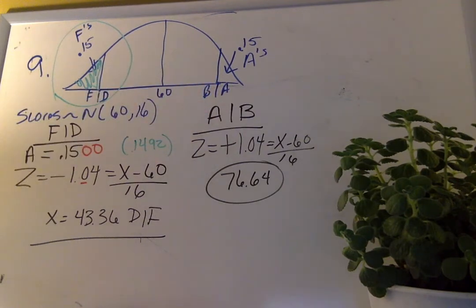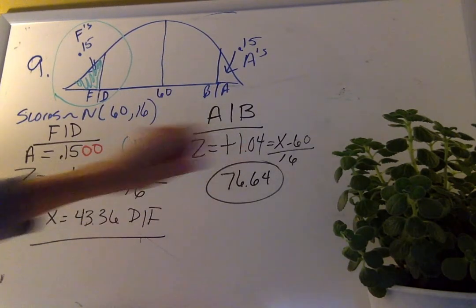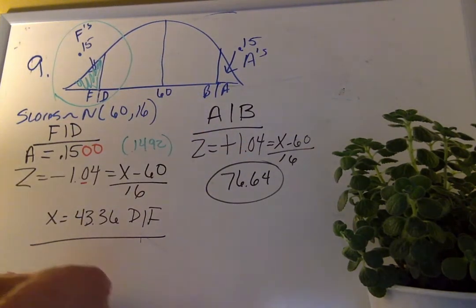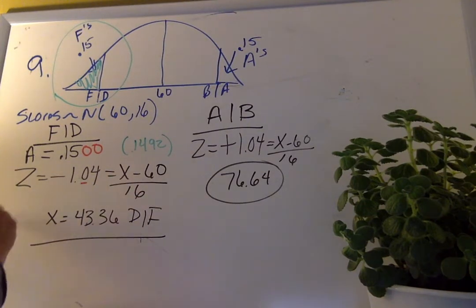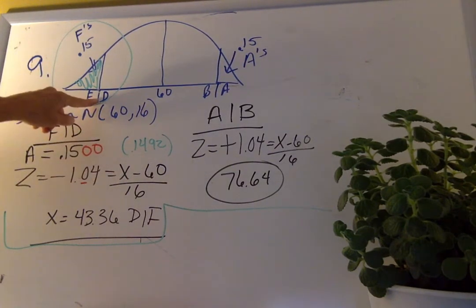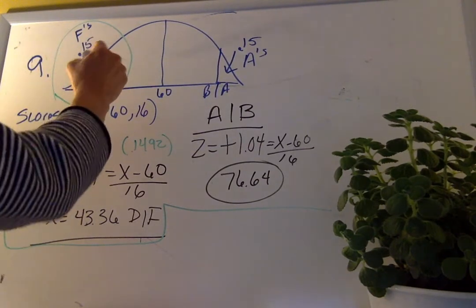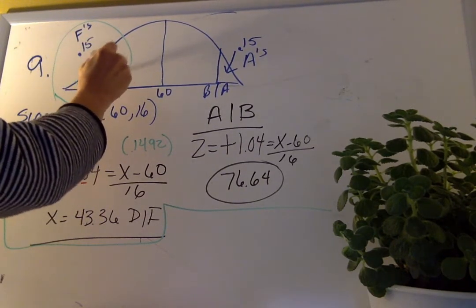Negative to positive, right? Negative 1.04 to positive 1.04. So this is sort of an optional discussion here. There is symmetry in the x's. Like once we figured out that this was 43.36, remember that when we solved that originally?